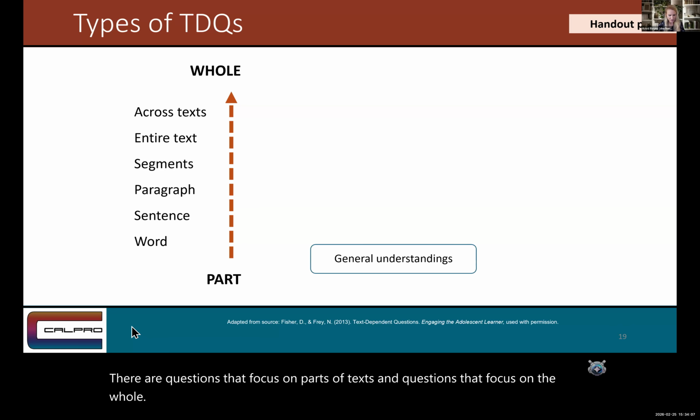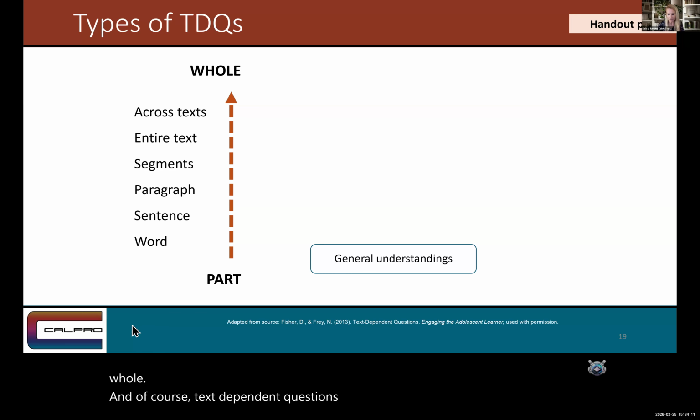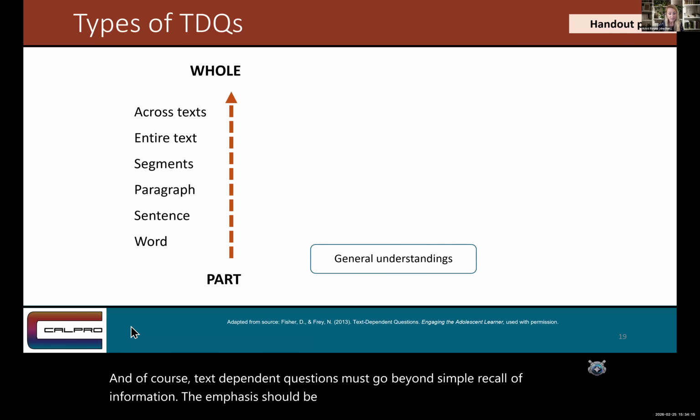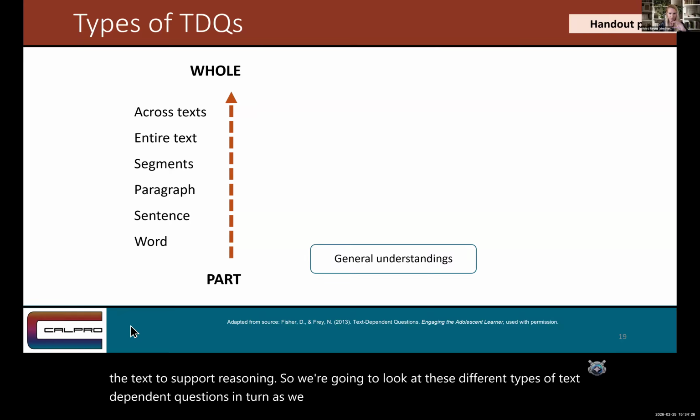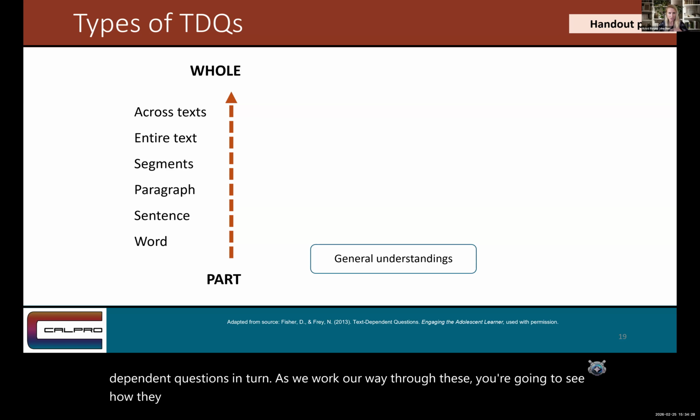And of course, text-dependent questions must go beyond simple recall of information. The emphasis should be on using explicit and implicit information from the text to support reasoning. So we're going to look at these different types of text-dependent questions in turn. As we work our way through these, you're going to see how they go from just a part to whole, okay?